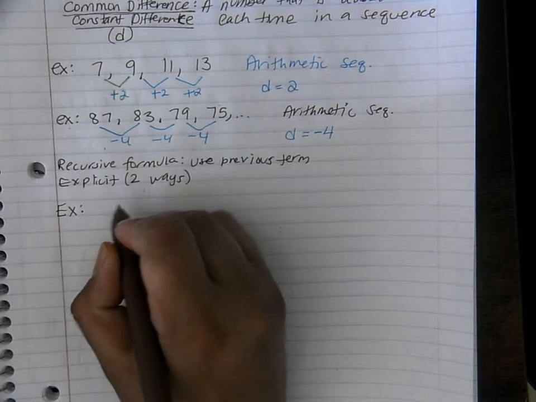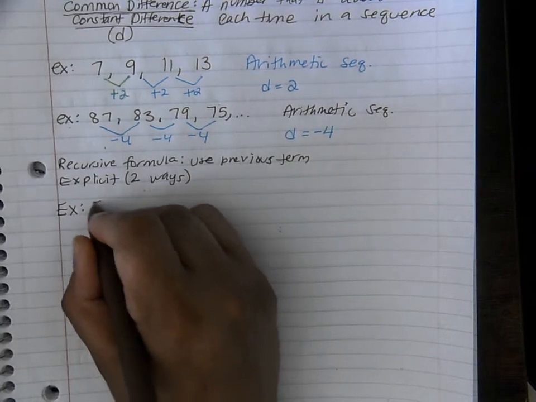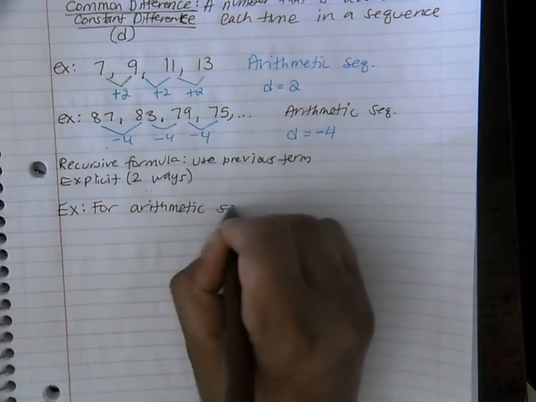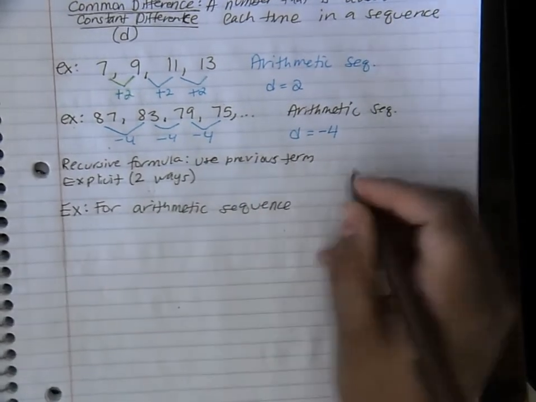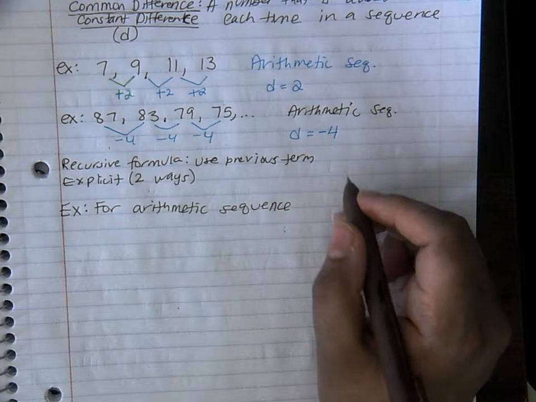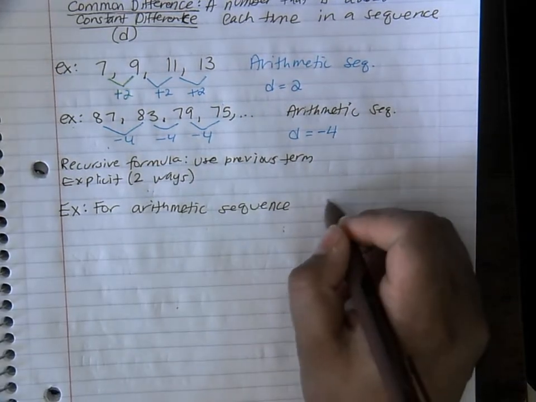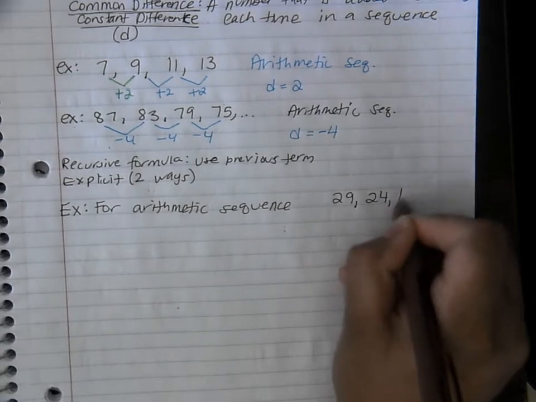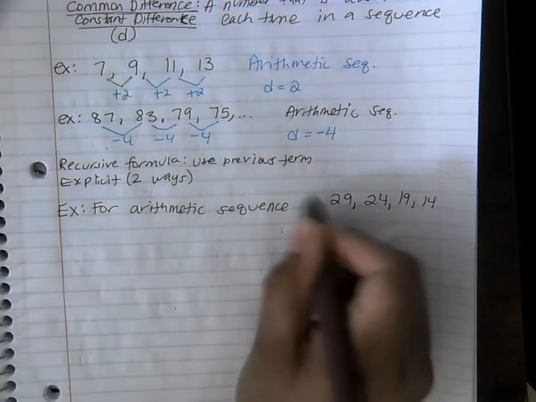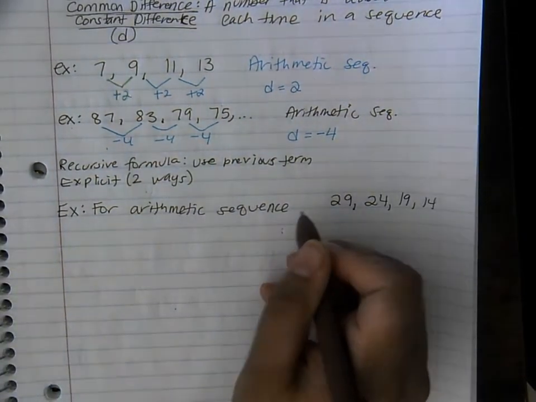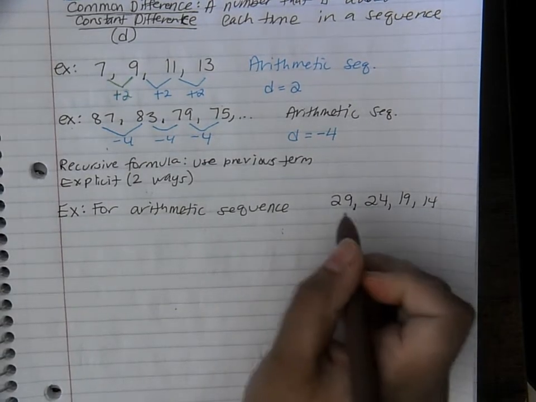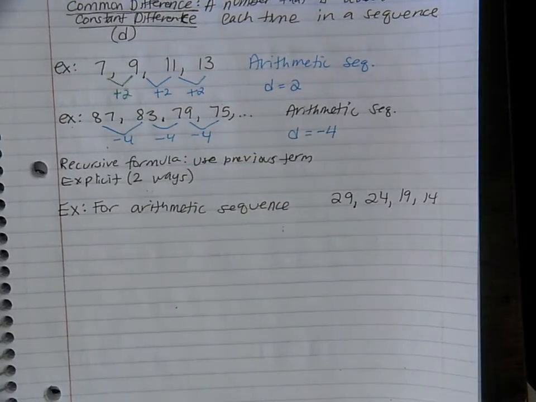For the arithmetic sequence, we're going to use this same sequence over and over again for those 3 forms: 29, 24, 19, and 14. I usually leave a space right here in front because, like you saw on Monday, we're going to find those y-intercepts on some of those examples, so we'll start with that. That right there is my sequence.